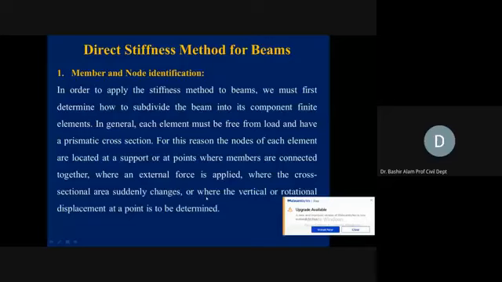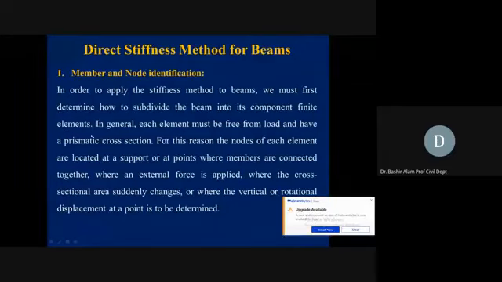So coming to the member and node identification, in order to apply the stiffness method to beams, we must first determine how to subdivide the beam into its component finite elements. Again, we will be going towards the discretization of the structure, that is, dividing the structure into finite elements.